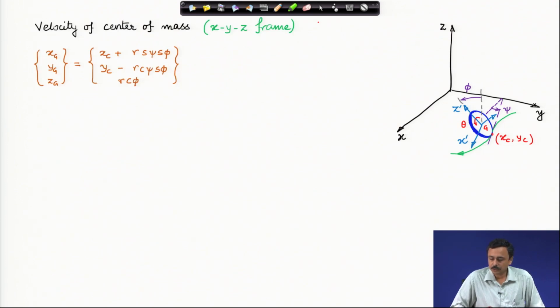Now, to use the Lagrange's formulation, Lagrangian mechanics, we have to write down the kinetic energy, potential energy of the coin.